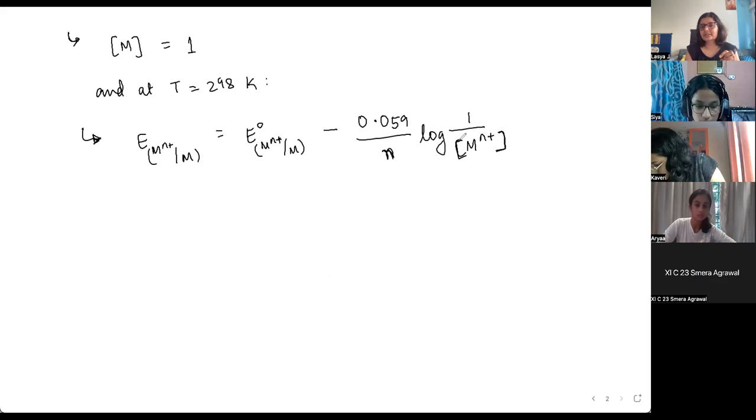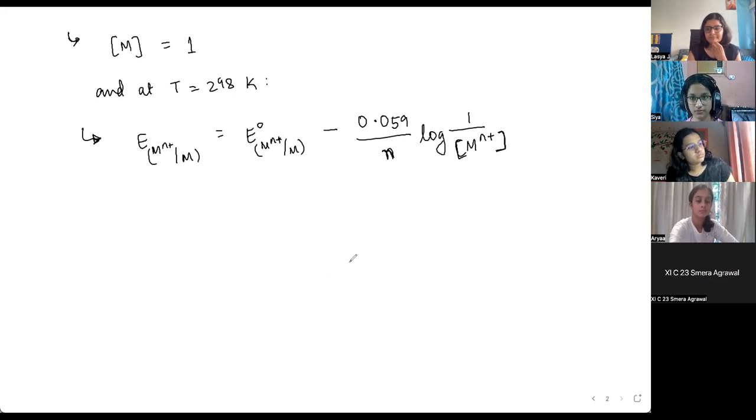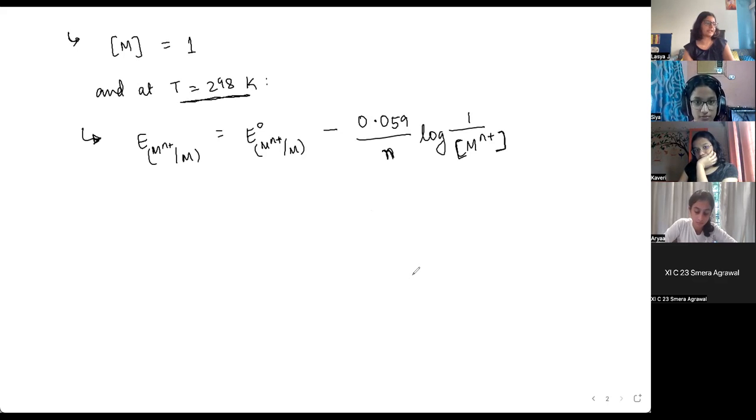This is easier because if you take concentrations in terms of powers of 10, like 0.1 M, 0.01 M, the calculation gets easier. This is specifically at T equal to 298 Kelvin. If the temperature is different, then you can't use this; you'll have to substitute for that.